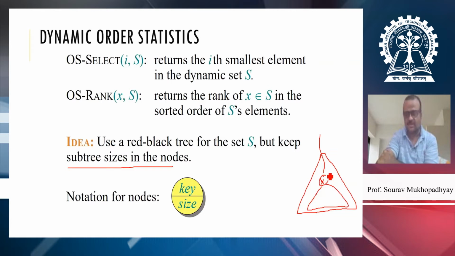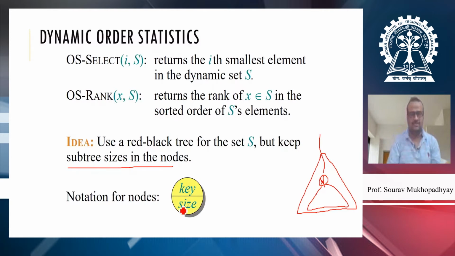The root is there, so this could be the root also. This is a subtree rooted at this node. So the size means the number of nodes in this subtree, other than those nils. Number of nodes in this subtree. So that is the information we are going to store in this node in the size field.